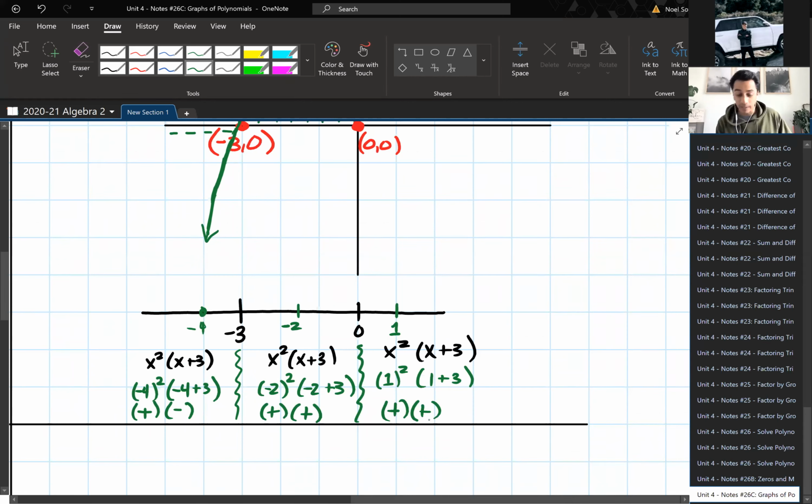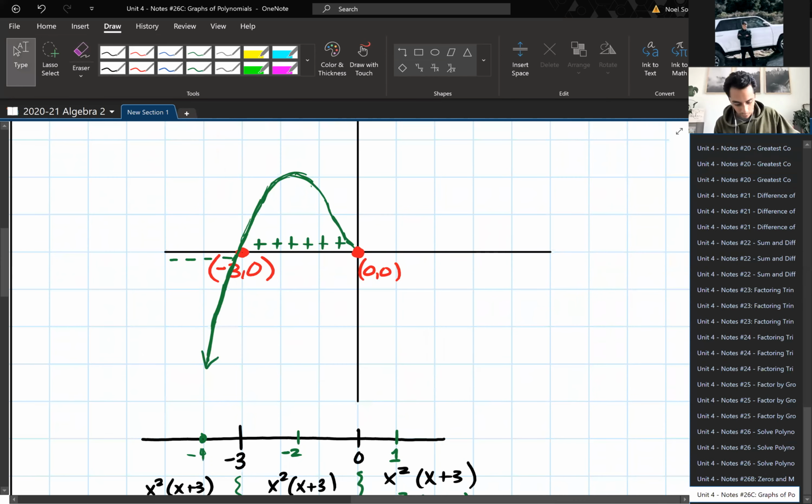So positive times positive is positive. So that means that our curve should be above the x-axis on this side of 0. So that matches what the multiplicity is telling us, is that once it hits 0, this curve should bounce off of that point and then be headed upwards.